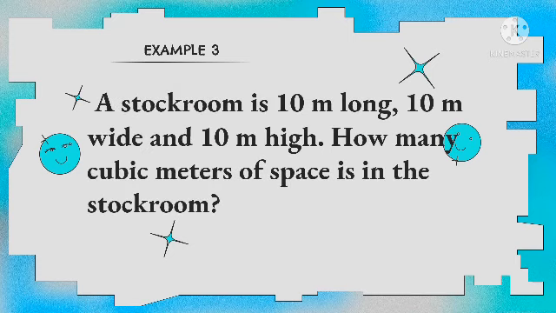Okay, next, example number 3. A stock room is 10 meters long, 10 meters wide, and 10 meters high. So, ibig sabihin, same ang kanyang mga sukat, puro 10 meters. How many cubic meters of space is in the stock room? Ibig sabihin, pag pare-pareho or pantay-pantay ang sukat na binigay, that is a cube.